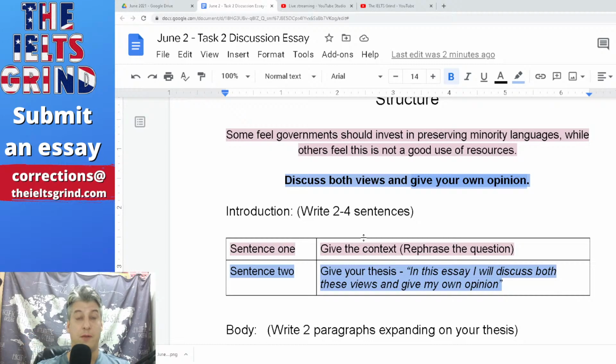Instead, what you have to do is like a real academic paper where you present all the evidence, all the findings, all of the points of view. Then you conclude with a summary. In this case, your summary is your opinion. So this is why we do not recommend that you write your opinion at the beginning. It's just not logical for this type of essay.